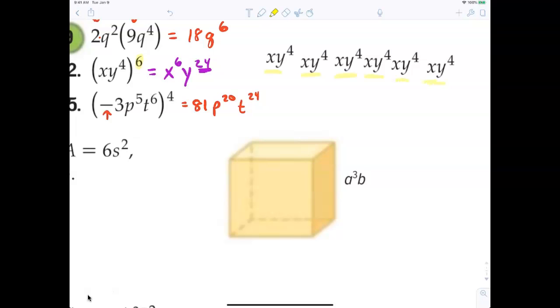You hear what I just did? And so how many x's are there? 6, because there is a 1 there. 1, 2, 3, 4, 5, 6, right? Now I'm looking at the y's: 4, 8, 12, 16, 20, 24. Or we could just say 6 times 4.